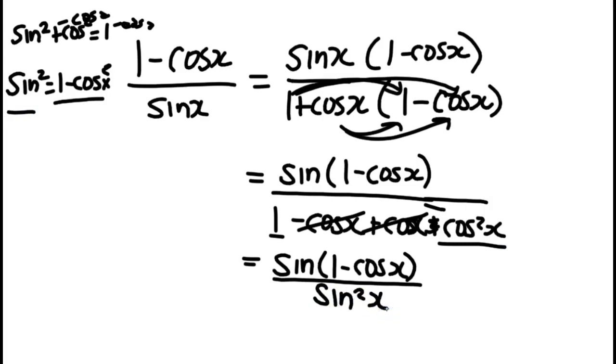Okay, so now we have a sine x in the top and sine squared x in the bottom, so we'll just have sine x after we get rid of that squared. And so we'll end up with (1 minus cos x) over sine x, and that's what our other side was. So we proved it.